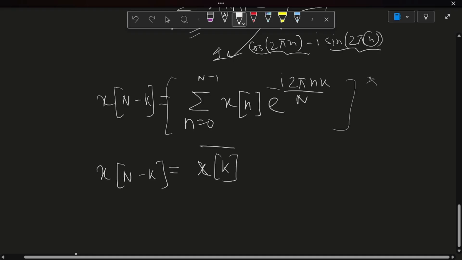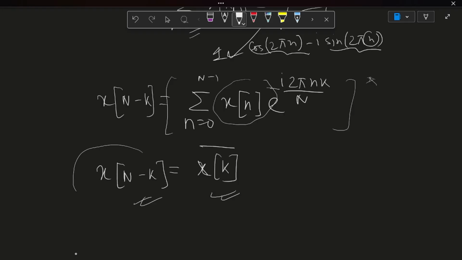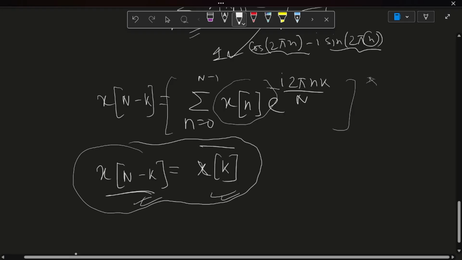That is why, if we are dealing with a real valued signal, we don't need to compute all the coefficients. Since X_(N minus k) and X_k are related, you have to compute only one half of the spectrum.